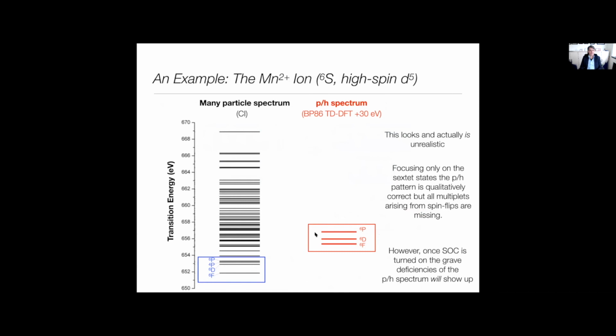Now, of course, the d5 configuration is the most extreme, but it holds for any open shell configuration in the electronic ground state. In principle, it could be okay for d0 systems. Experience shows it's still not great there, but at least in d0 systems it's qualitatively correct with DFT; quantitatively, it's not so great. So here you really have to do something.